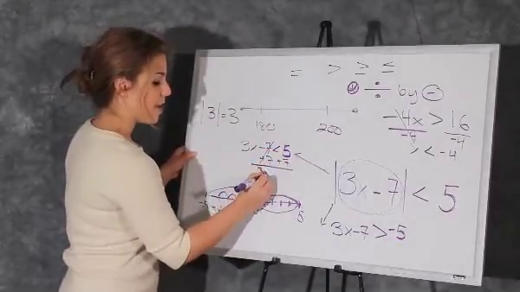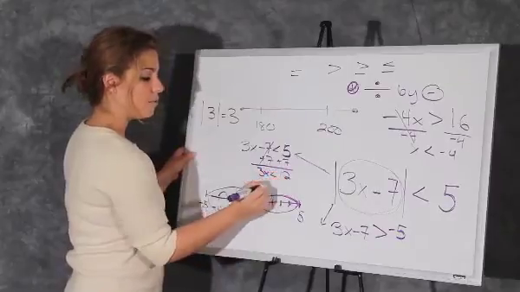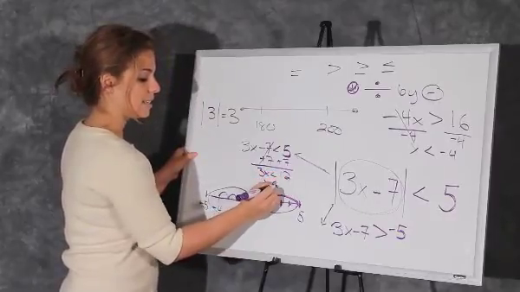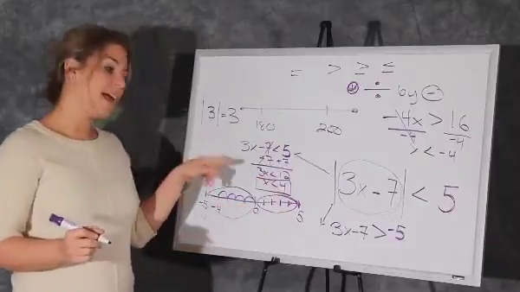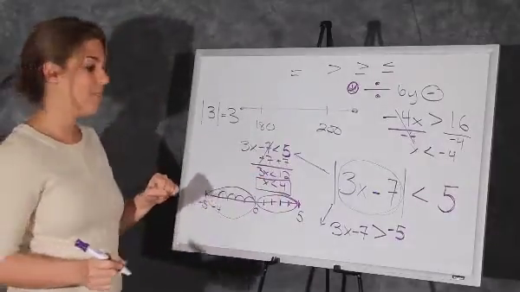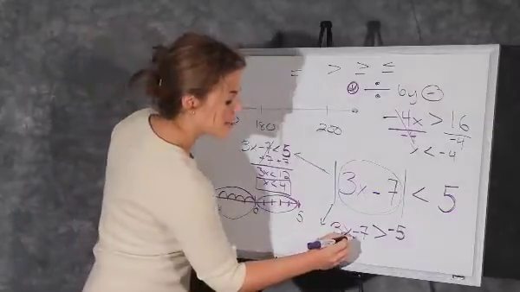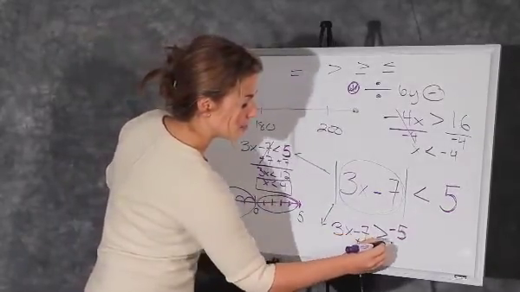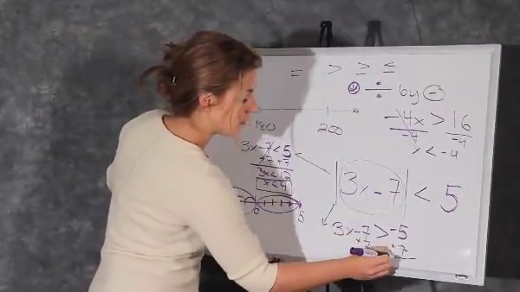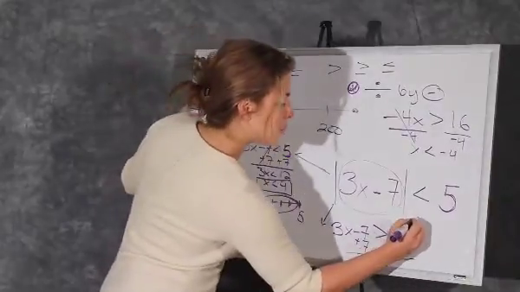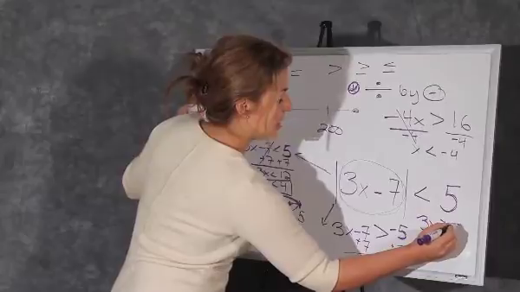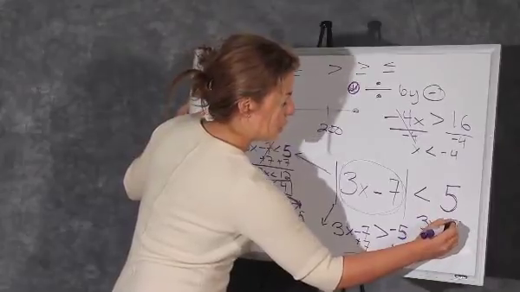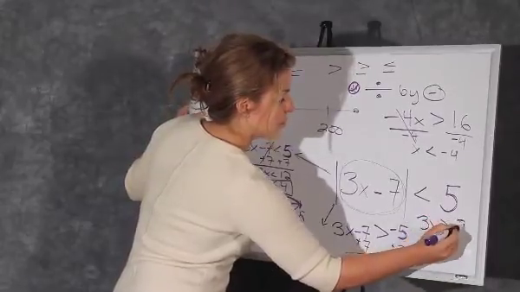We get 3x is less than 12, and then we get x is less than 4. So we know that x has to be less than 4 on this one. Then if we solve this, we add 7, and we get 3x has to be greater than positive 2.